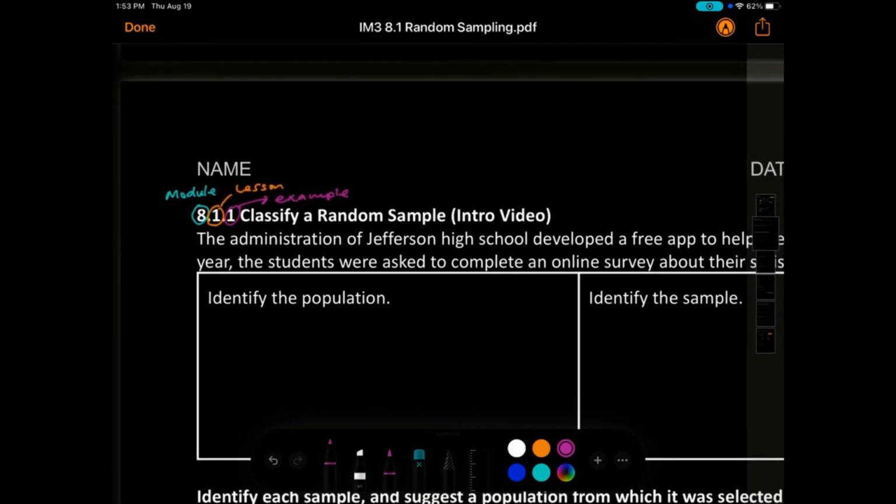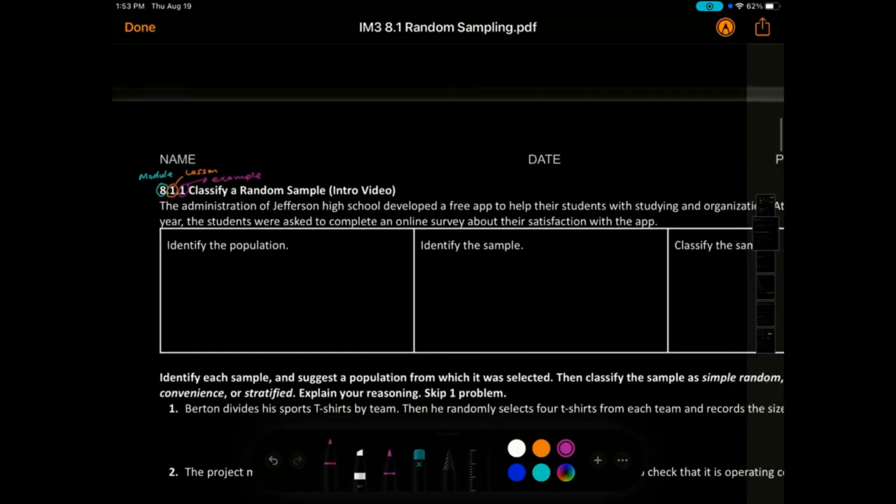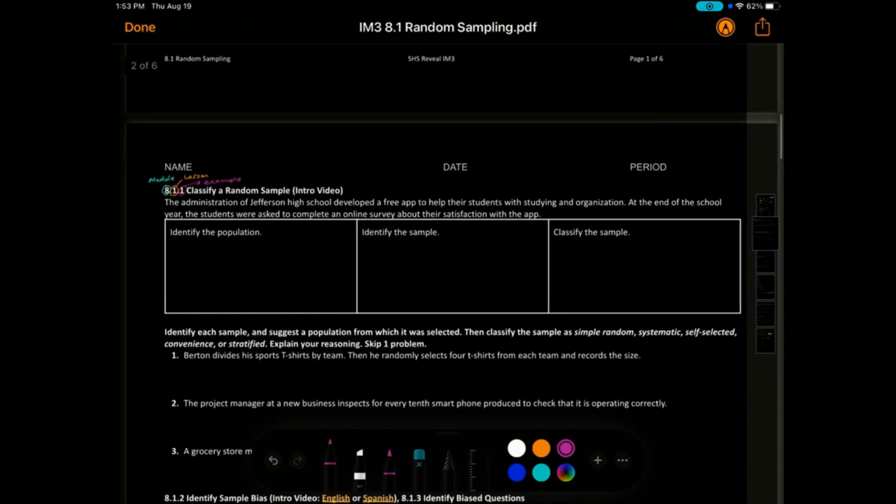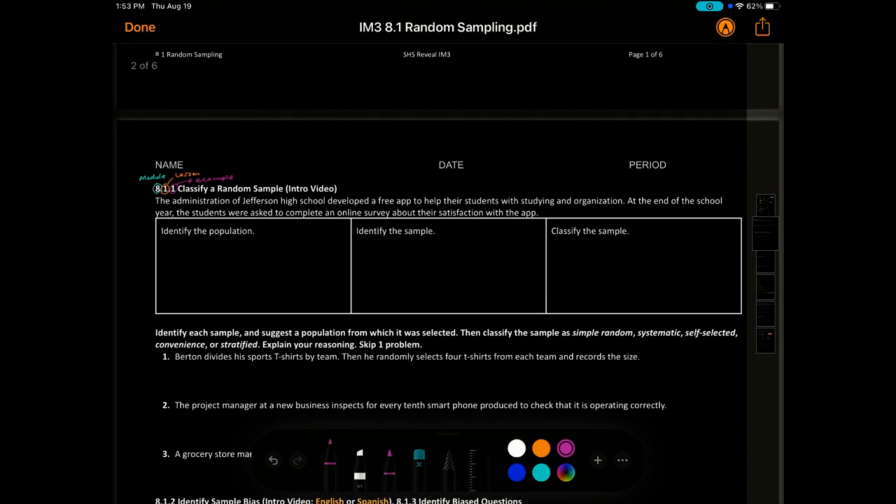So here we're going to classify a random sample. So here is my teacher example. The administration of Jefferson High School developed a free phone app to help their students with studying and organization. At the end of the year, the students were asked to complete an online survey about their satisfaction with the app. The question is, what is the population?